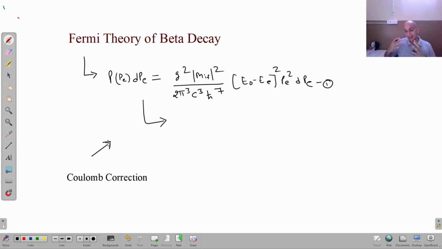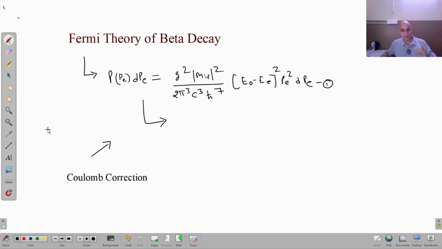When an electron is coming out of the atomic nucleus, it is interacting with the electrostatic field of the nucleus, which is positive and attracts the electron. Whereas if a positron is emitted from the nucleus, it will experience a repulsive force due to the positive charge on the nucleus.